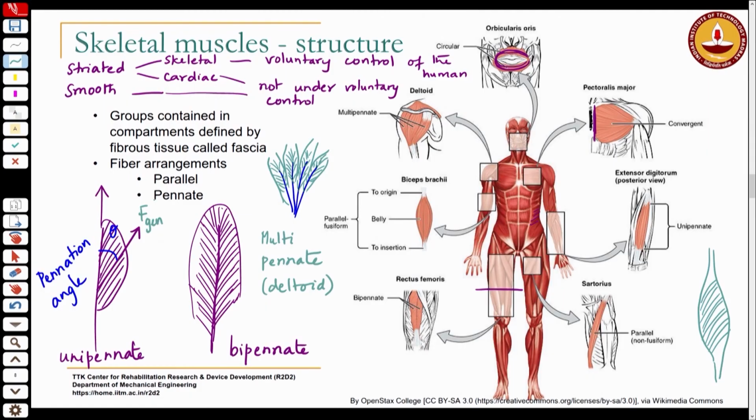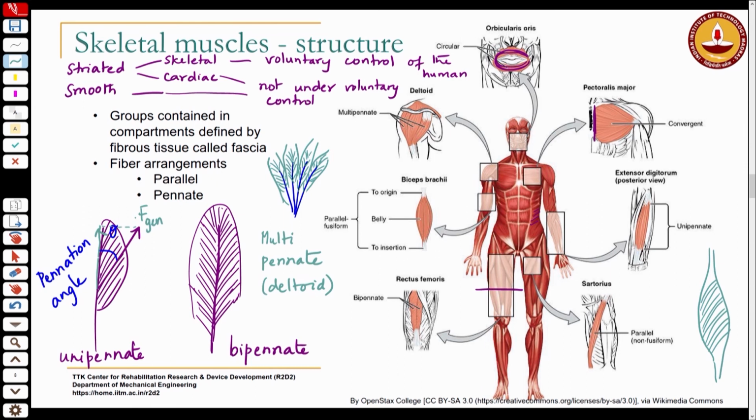So, that would be the axis of the force that is applied, whereas the actual force generated is different. And the actual force that is transmitted will be whatever is generated times cos theta.